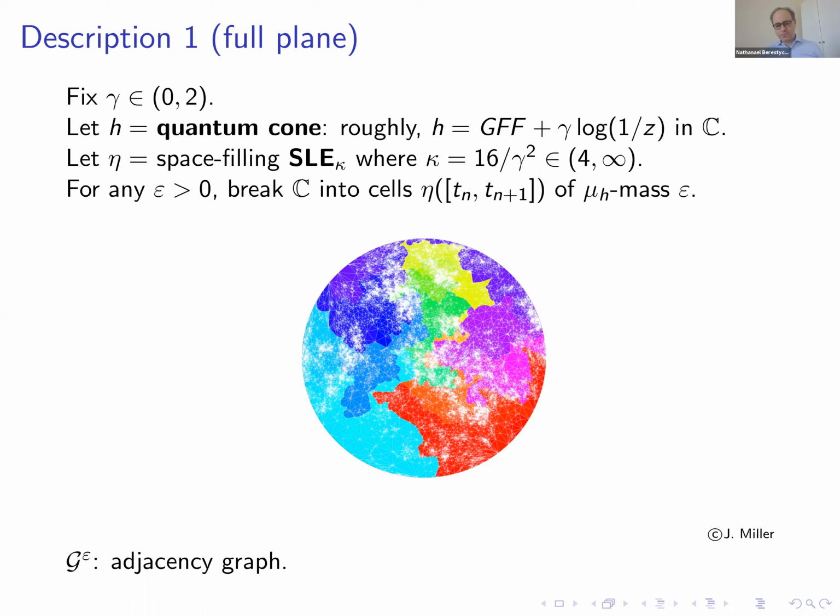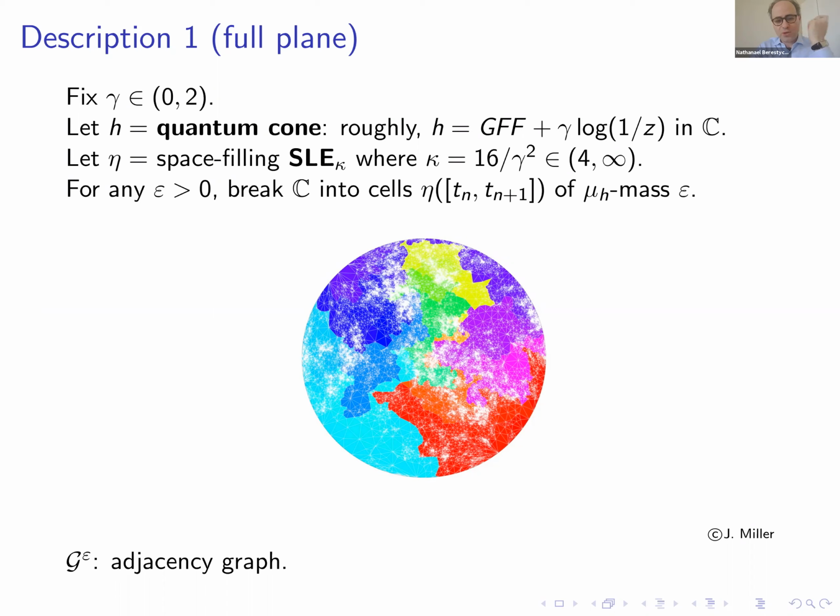So far I've insisted a bit more on the value gamma equals square root of 8/3, because that's the one that should correspond to the uniform infinite planar triangulation, the UIPT, but actually our results are true for any gamma between 0 and 2. To describe these mated-CRT planar maps, I need two ingredients. The first one is what's called a quantum cone, and the second one will be a version of SLE.